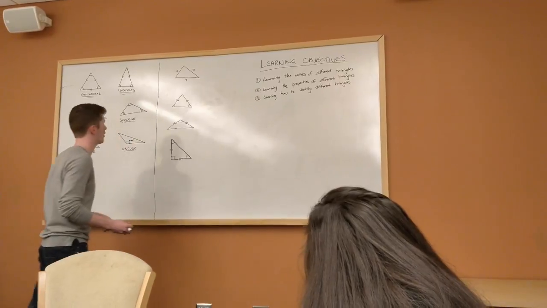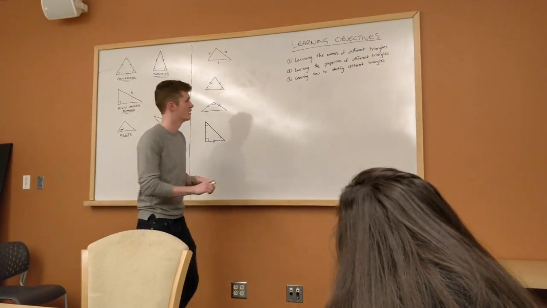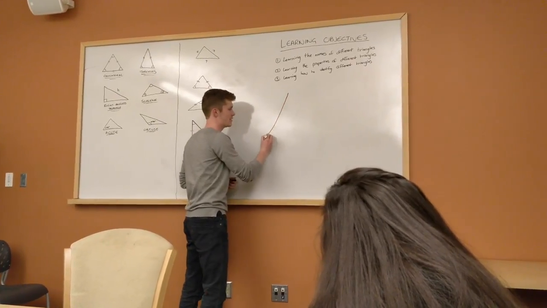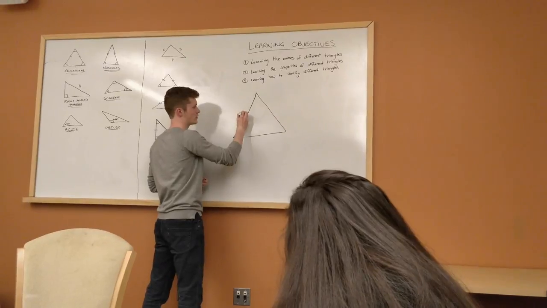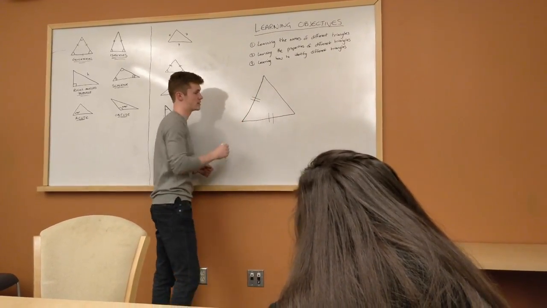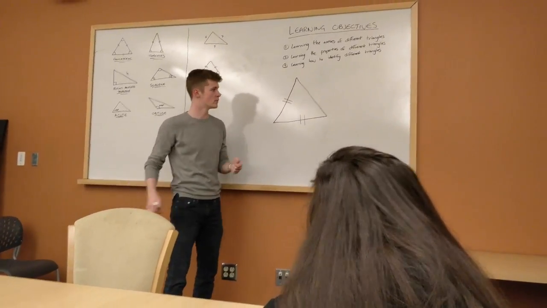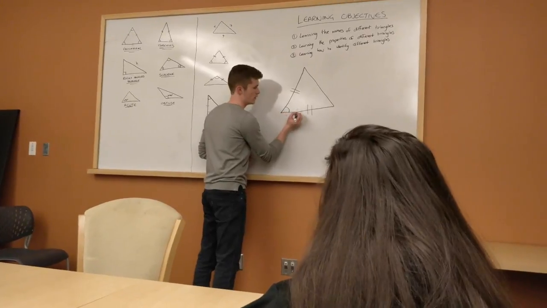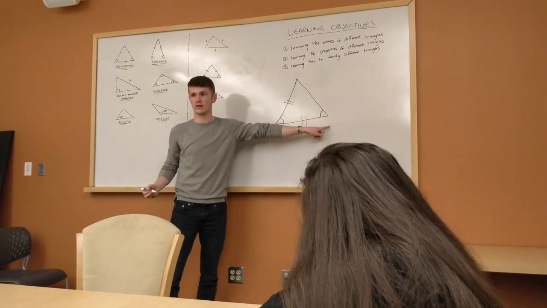So before we get started over here, I'm just going to quickly define what some of my drawings mean. So if we draw a quick triangle here, if I draw two lines on two separate sides, what that means is that the two sides are of equal length. And if I draw two angle signs here, that means that the two angles are equal.